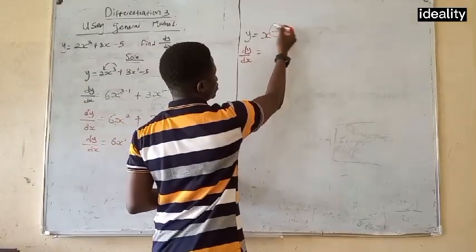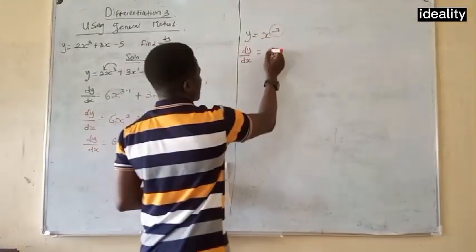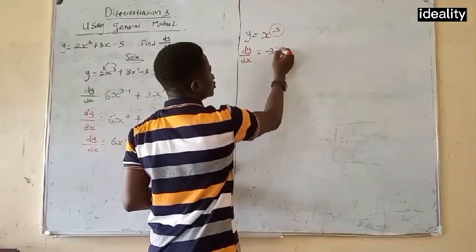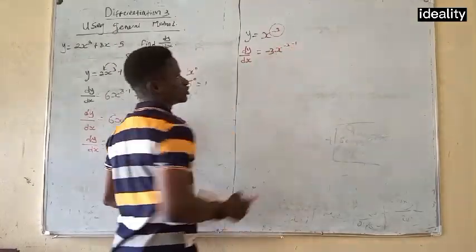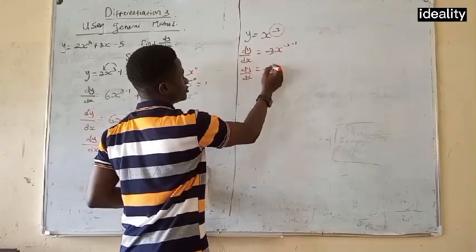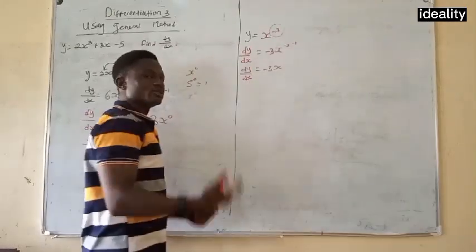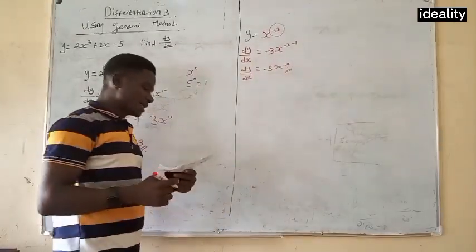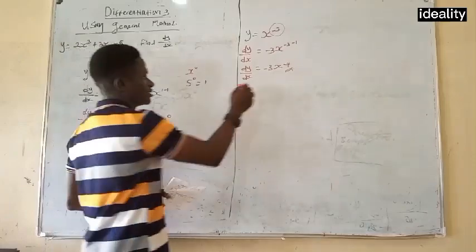Of course, it is minus 3. Bring it to the front. Minus 3. Don't forget that you subtract 1 from the power: x raised to the power minus 3 minus 1. Then dy/dx will be equal to minus 3 x raised to the power minus 3 minus 1, that is minus 4. That's your final answer.